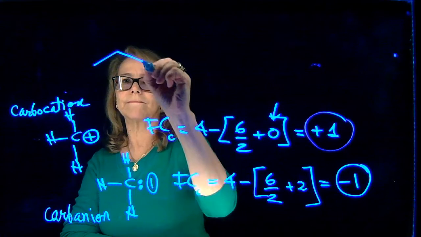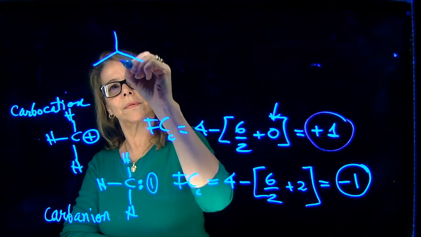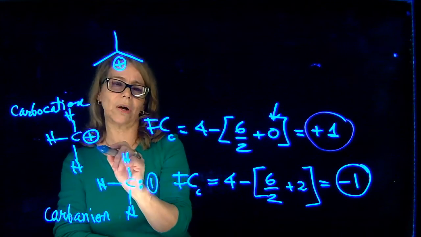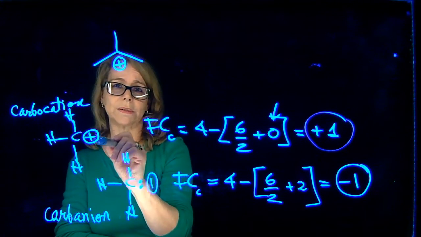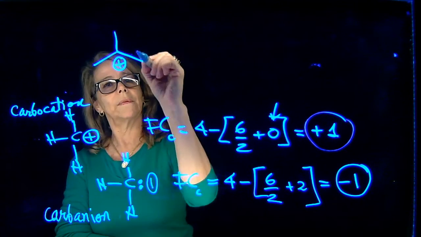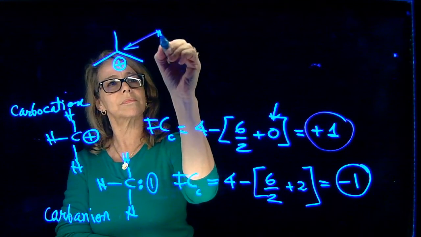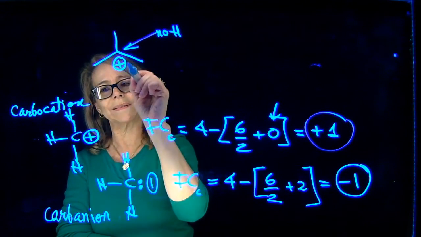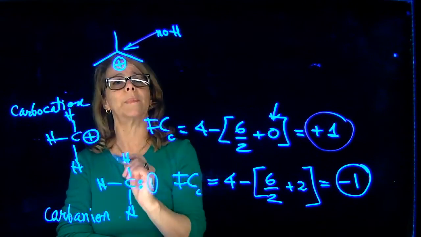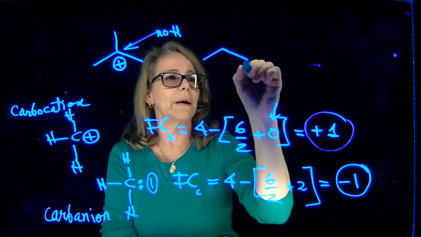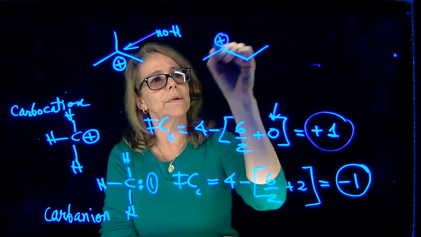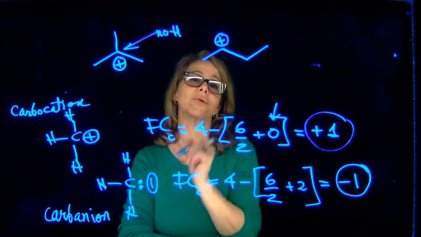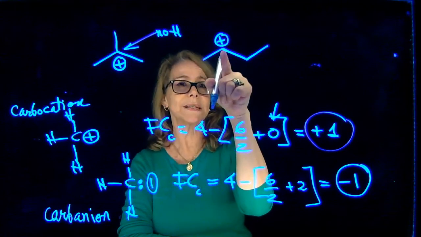If we have this right here, notice that for the pattern of a carbocation, I have 3 bonds at that formal charge. That means there is no hydrogen here, because this is incomplete. It only has 6 electrons, so it's similar to this pattern. Now if I have this one here, that positive charge means we have only 3 bonds and we're missing electrons.